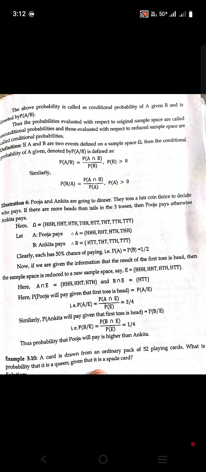This is the definition of conditional probability.